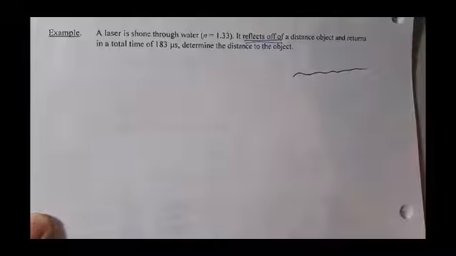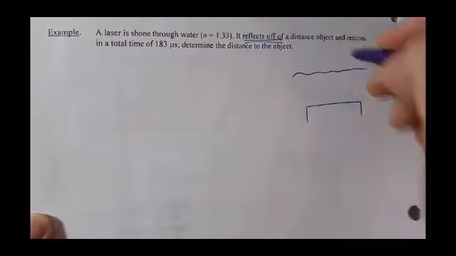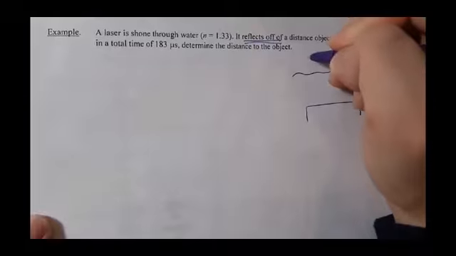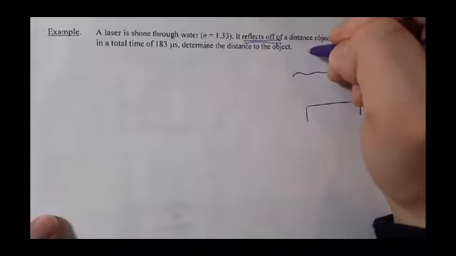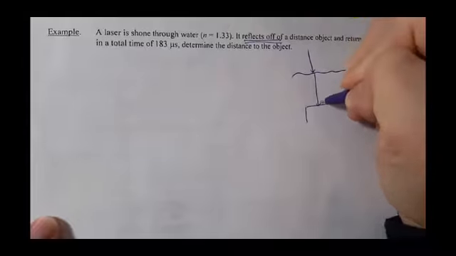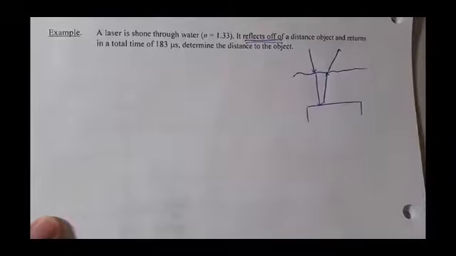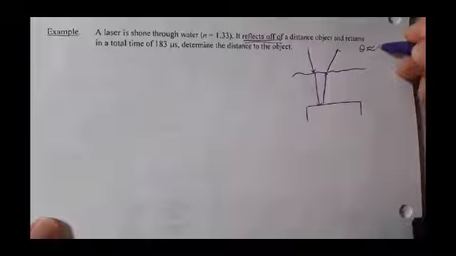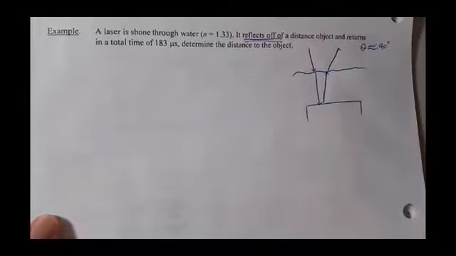I have water and I have a distant object. The laser is going through, let's try to go as straight as possible, imagine we're doing the angle closest to 90 degrees. Then it's going down and up.